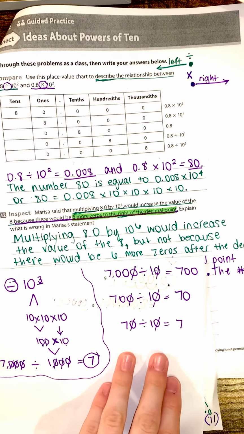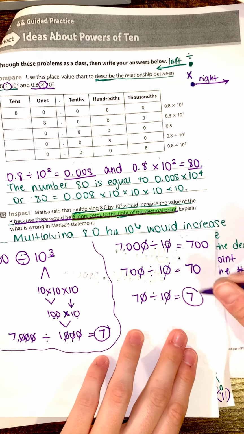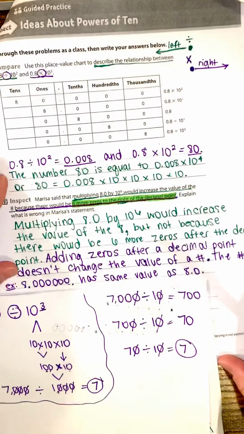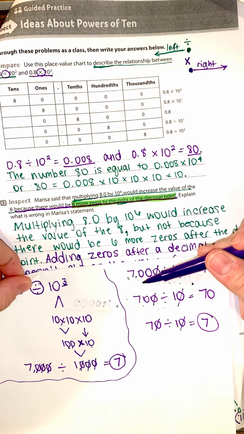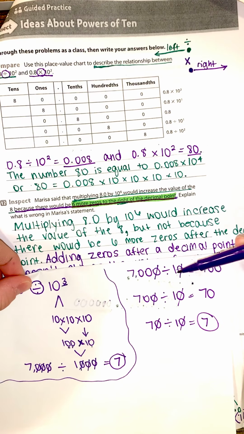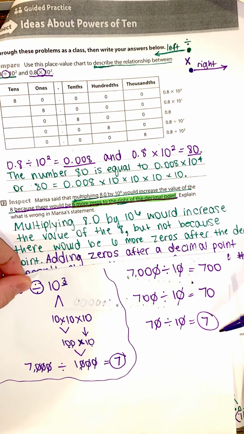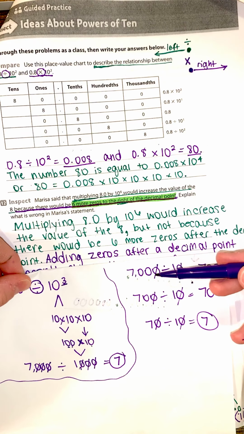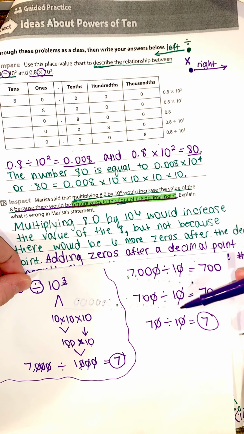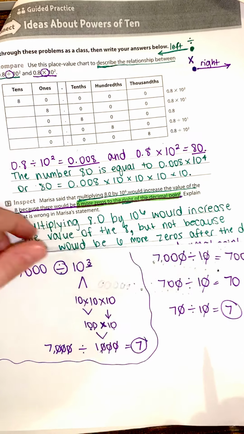All right. So now tell me, when I divide 7,000 divided by 10 3 times, I get 7, right? We divided 7,000 by 10 3 times, and we got the answer of 7, the product of 7.